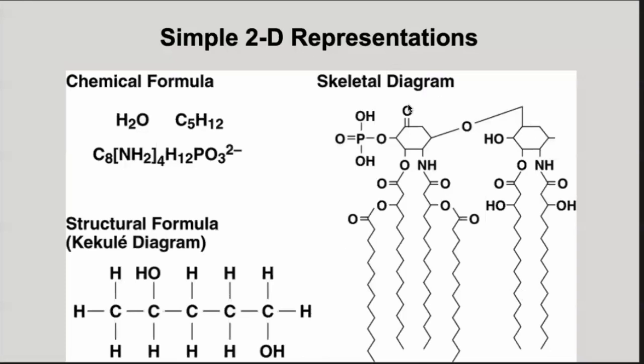There's something similar to a Kekulé diagram known as a skeletal diagram. And this also shows which atom is bonded to which other atom, but it uses a little bit of a shorthand notation. I talked about this briefly last week, that sometimes you'll see a picture of a molecule that doesn't actually show you all the atoms. The atoms are implied, but they're not shown explicitly.